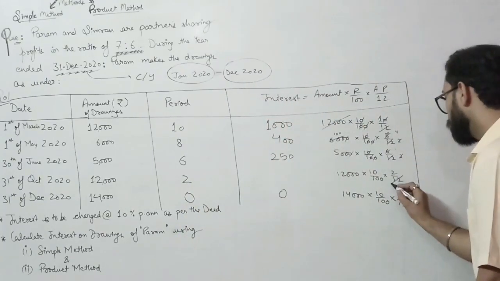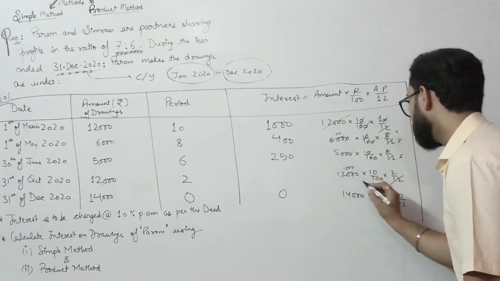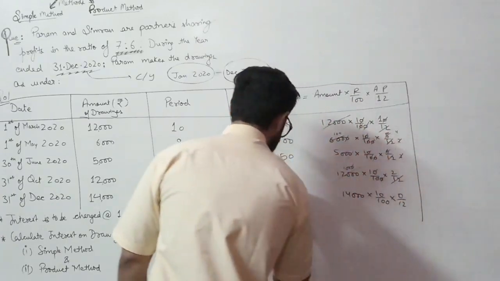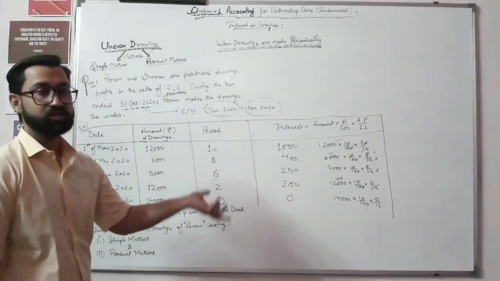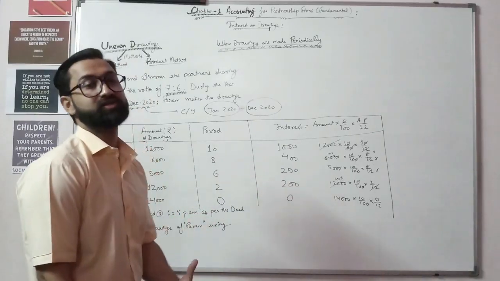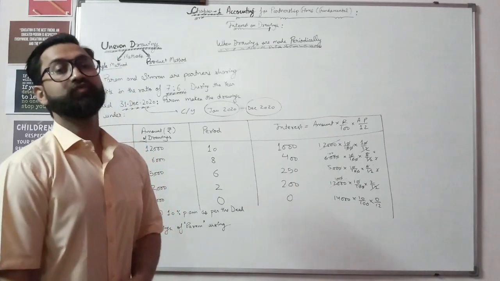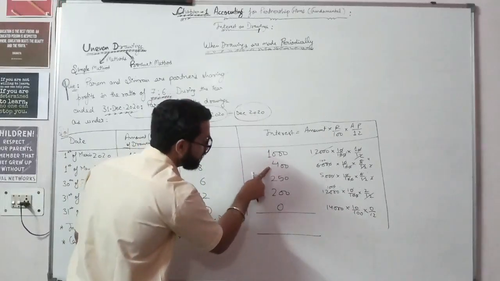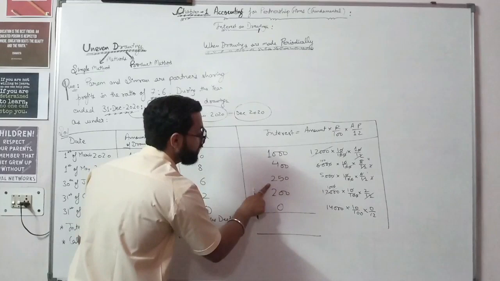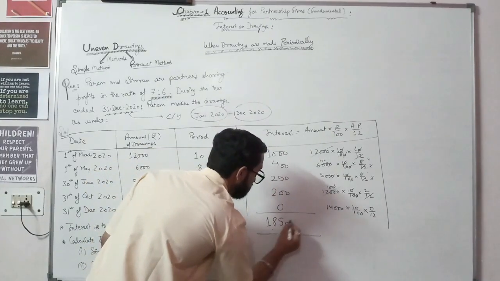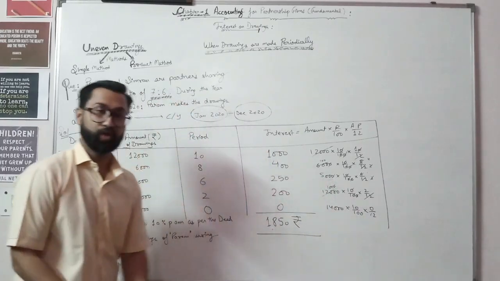Now in this, 12, say 12 directly, 200. Now calculations are much easier, therefore less time is consumed, but in case calculations are typical, you will be finding it very difficult to do the question by simple method. Now total is 1000, 1400, 1600, 50, 1850 rupees is the amount of drawings.